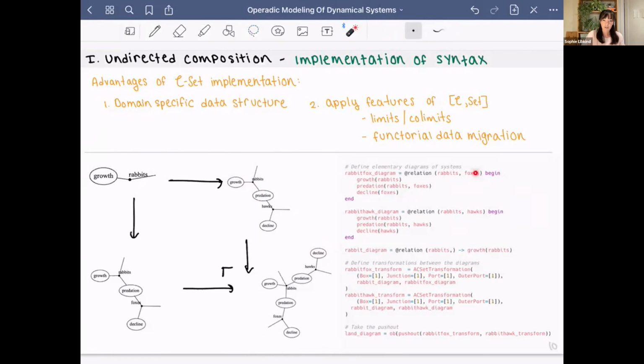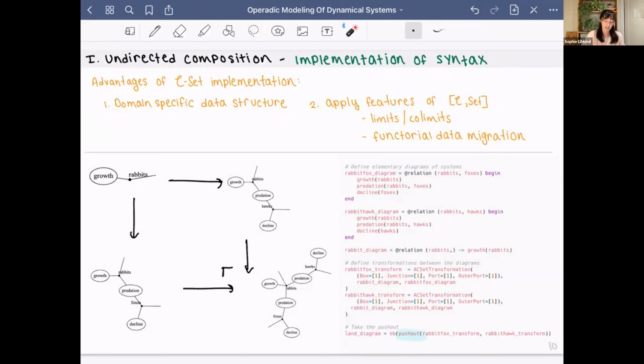And if you look over here in the code, we really see exactly that category theory story that I just told. We define our 3 diagrams: the rabbit-fox diagram, the rabbit-hawk diagram, the rabbit diagram. We define the transformations between them, and then we very literally take the pushout, and that produces this diagram for the land animals.